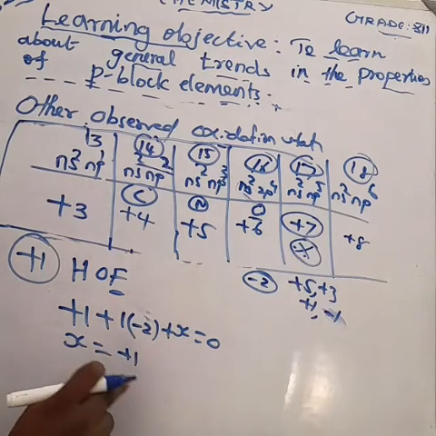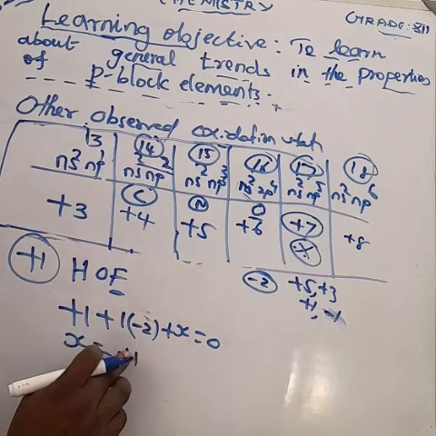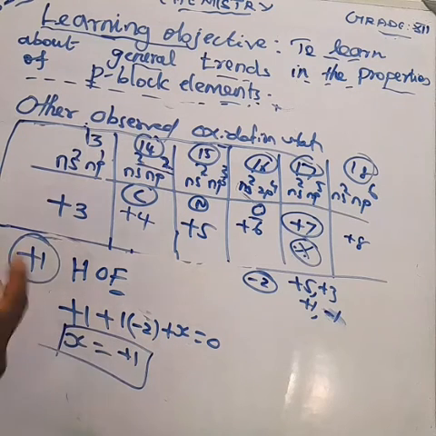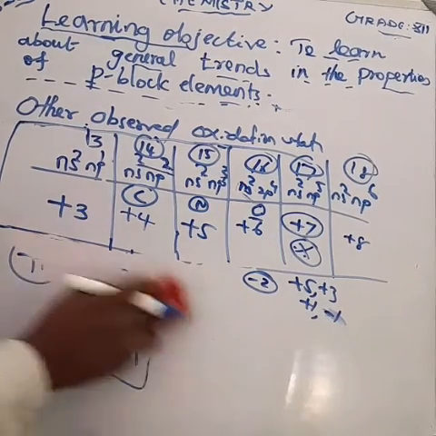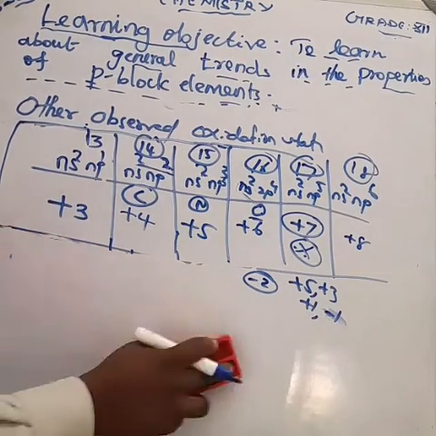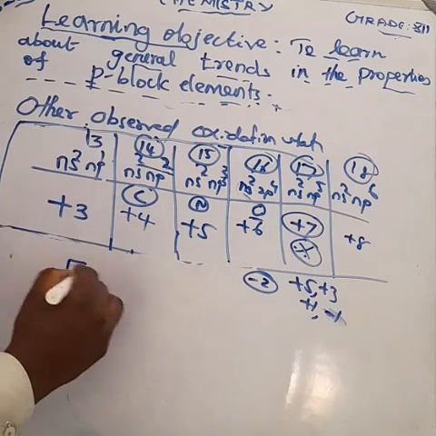X is equal to plus 2 minus 1, X is equal to plus 1 oxidation state. Am I right? HOF. What about the minus 1? All of you know that about fluorine. Fluorine gaining 1 electron gives the F minus ion, so the minus 1 oxidation state.